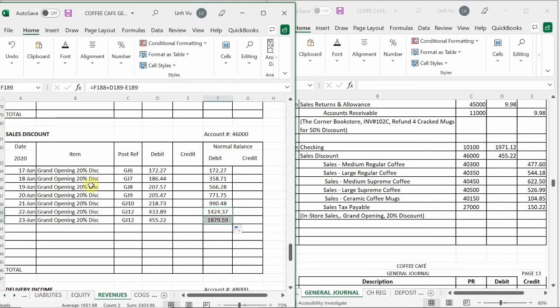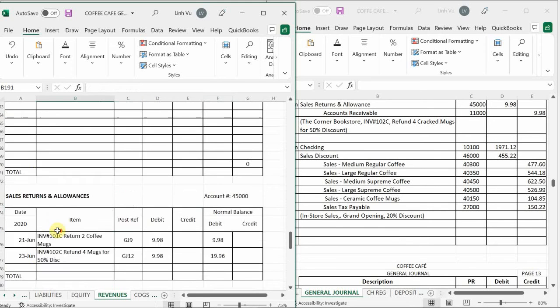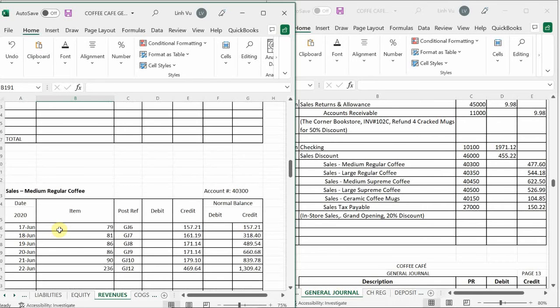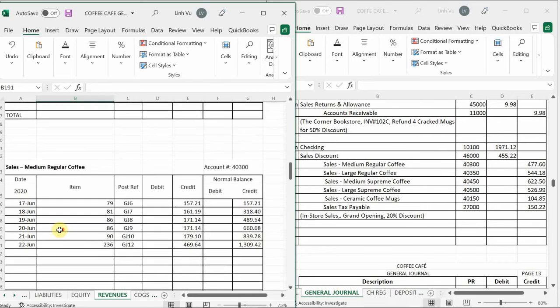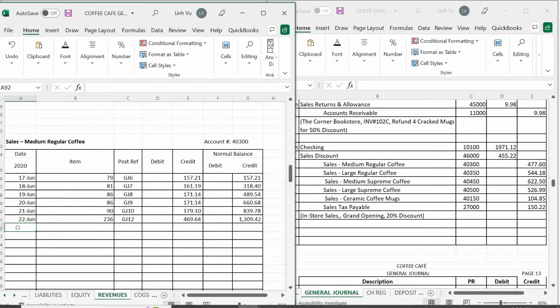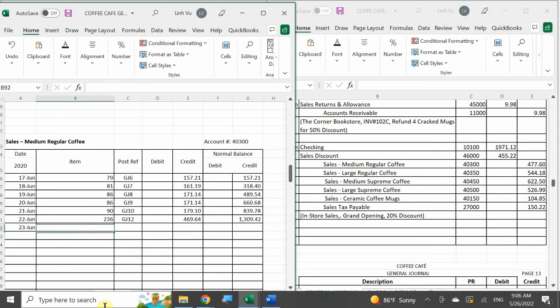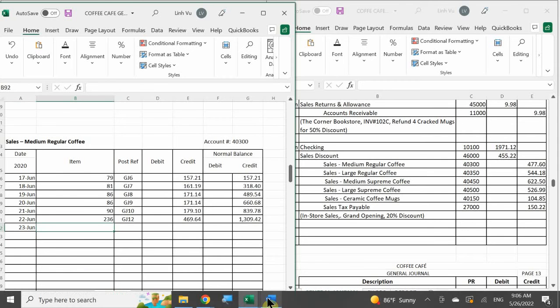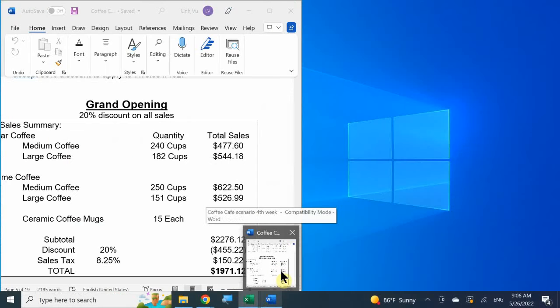So let's go through the sales, starting with the medium regular coffee. How many cups did I sell? 240.